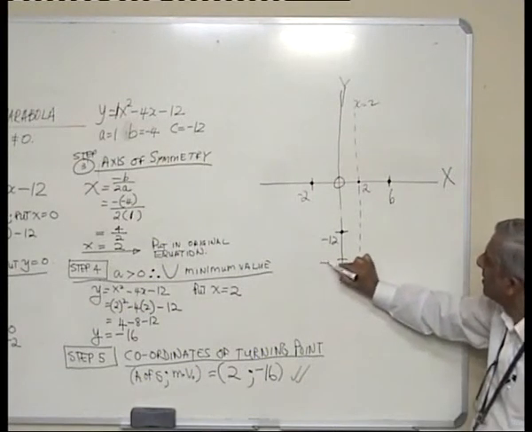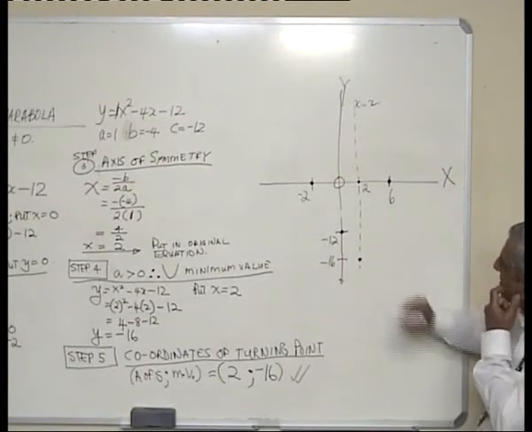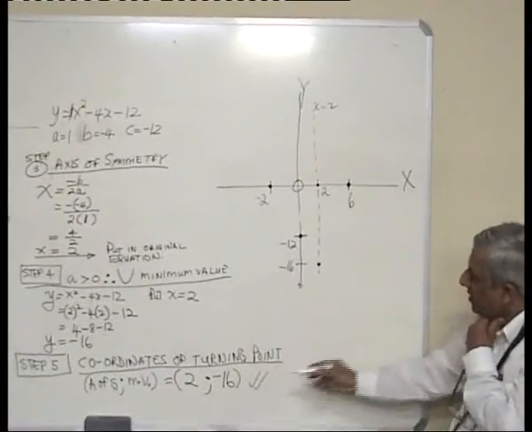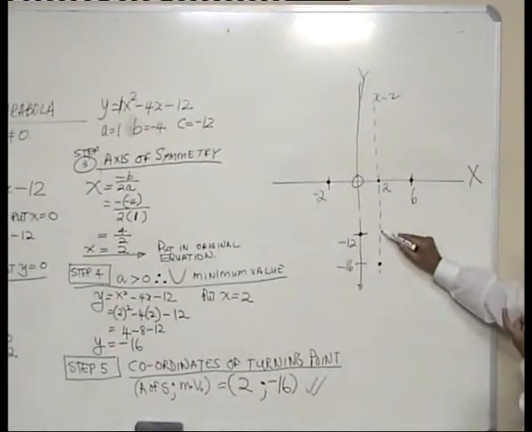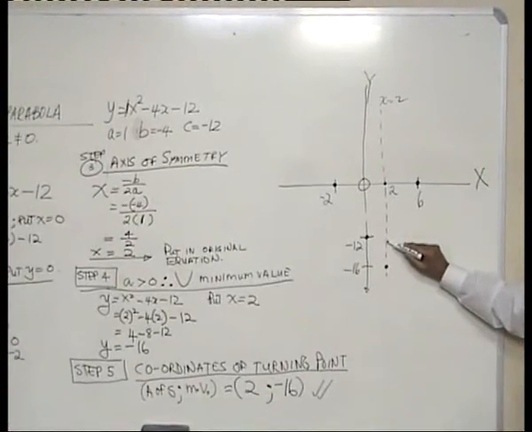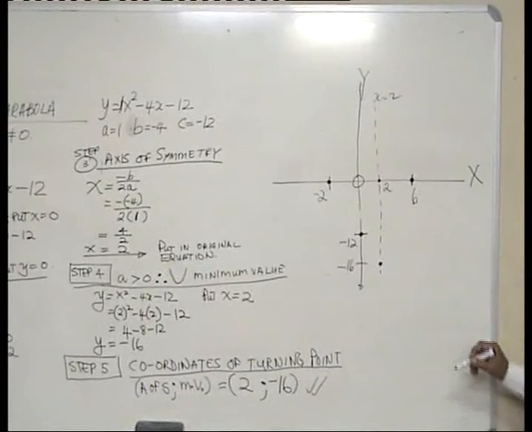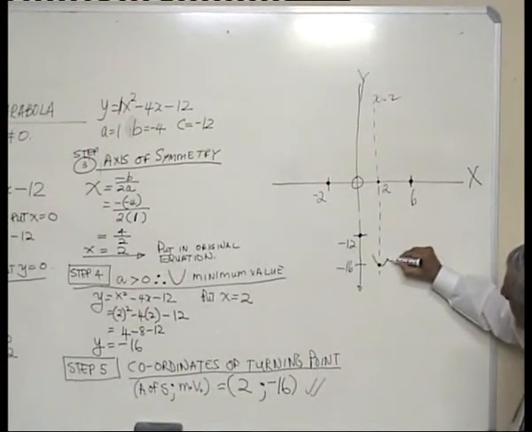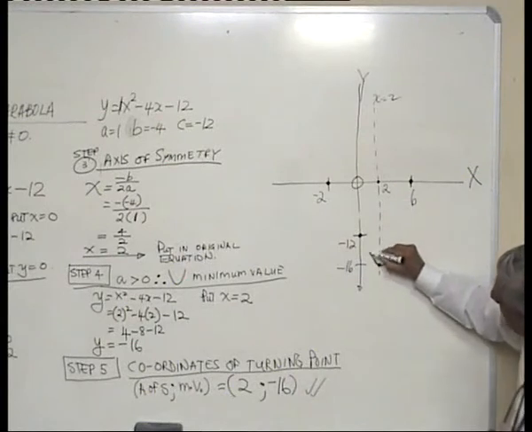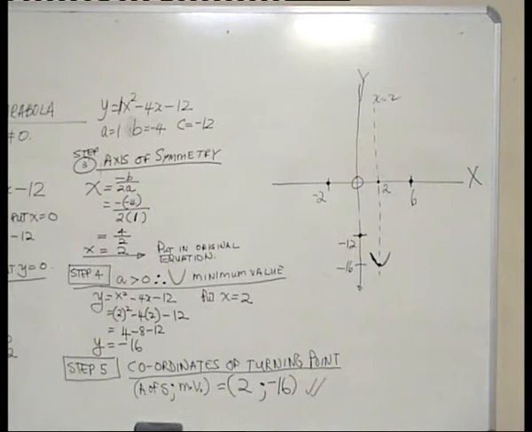Remember, it's just a rough sketch. So I'll do this one again. 2, minus 16, there's your 2. You come down here, that's minus 12. So minus 16 will be even below that. Right, and the graph is turning at this point. So it is valley shaped, so it is coming here and turning like that.